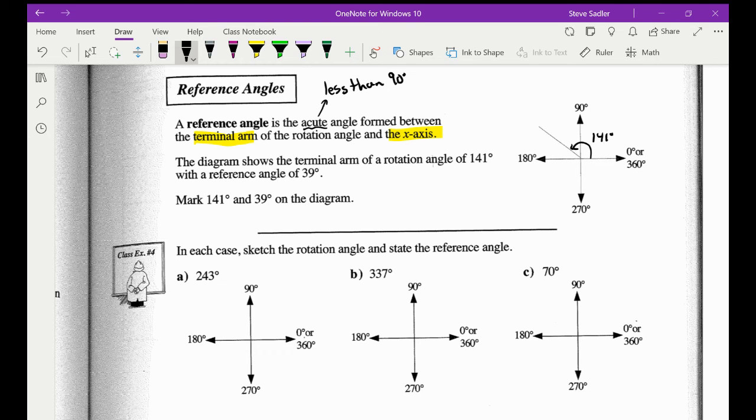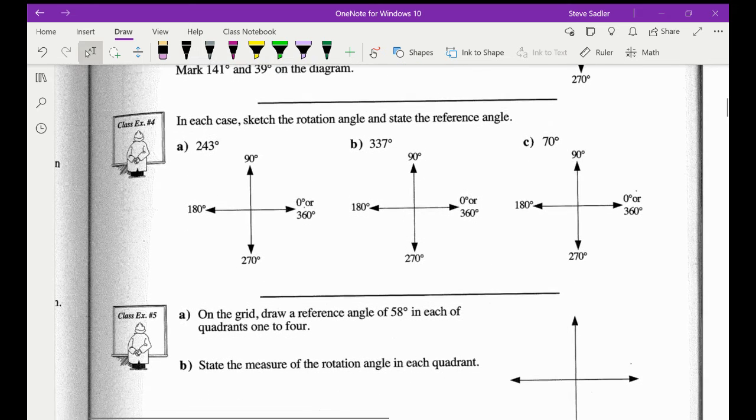That is the angle in standard position. But the reference angle is always from the x-axis, the closest x-axis. So your reference angle would actually be from here, measure it upwards. And that would be 39 degrees. And if you didn't know how to find that, you know you're starting at 180, so it would be 180 minus 141, and that would give you your reference angle. So in this case, the standard angle is 141, the reference angle is 39 degrees.